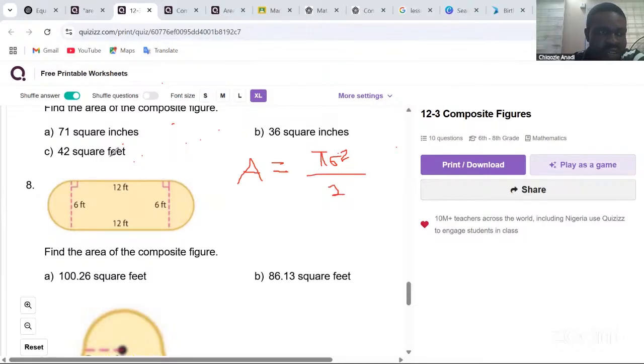Pi r squared all over 2. Have you written that down? Okay, pi r squared all over 2.